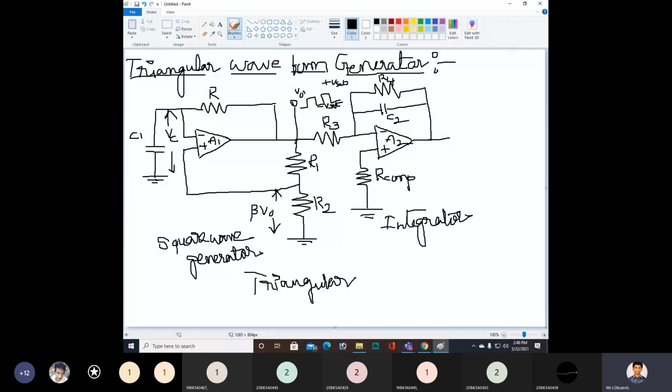See, for this we need to draw. Here we are getting output voltage V0, right? Triangular output we are getting here, like this.